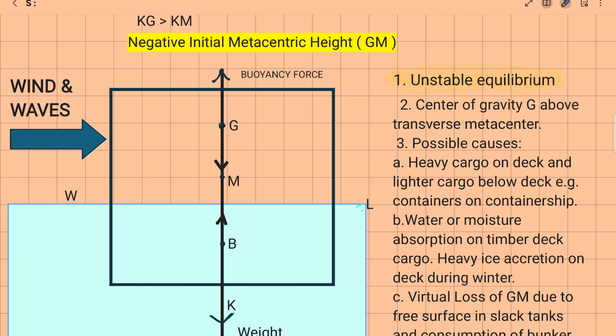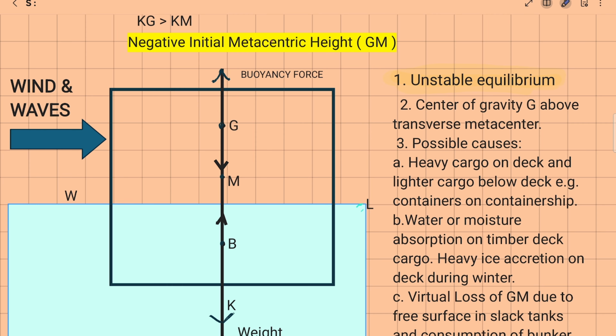So this should be calculated before we start loading, and what will be the departure GM and arrival GM. Also for this, there is a code of safe practice for ships carrying timber deck cargo, which provides guidance not only about the moisture, but also about the ice, if you're going to North Atlantic conditions where ice accretion may take place. So the loss of GM due to deck cargo weight increasing should also be kept in mind.